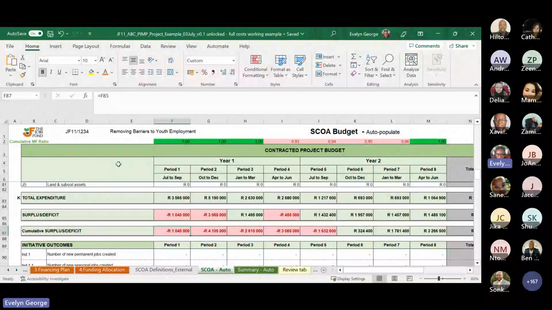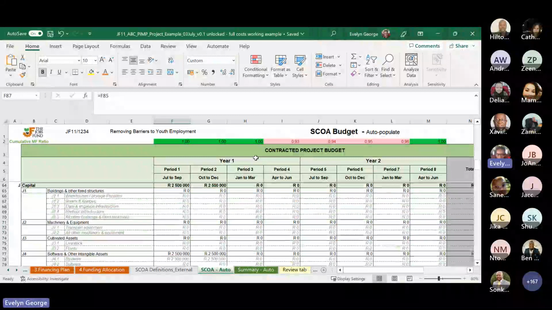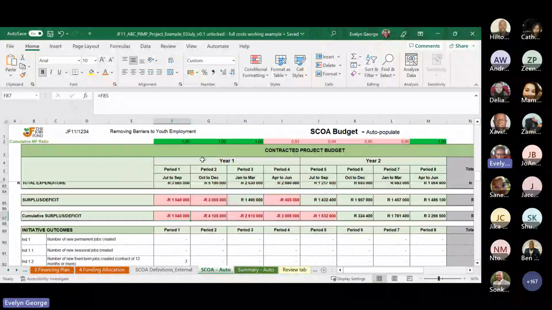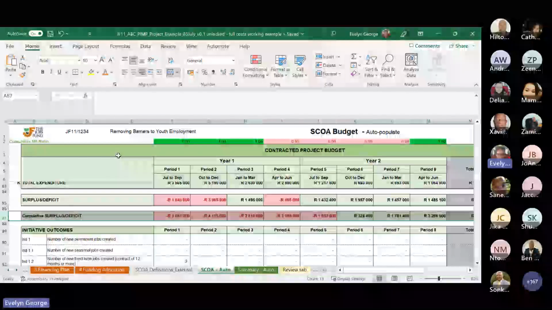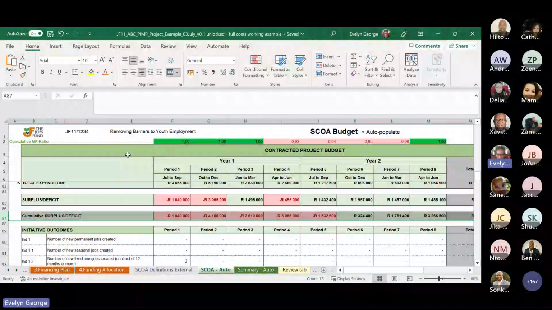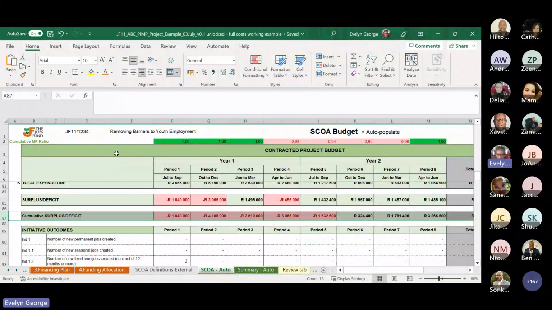But if this were to be on the positive side and just growing without use, then we might have an issue there, because it means that perhaps we are overfunding the project, and we'd rather take a portion of that funding to a different project.